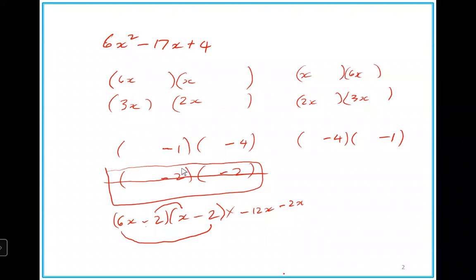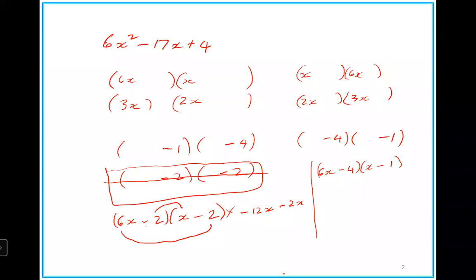Okay, so if we can't use negative 2, then we would have to either use negative 1, negative 4, or negative 4, negative 1. So we could do that. So we go back again and try 6x minus 4 and x minus 1.